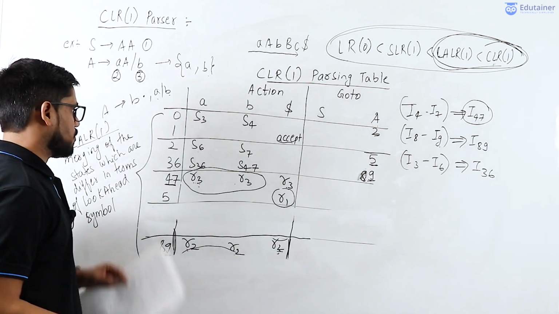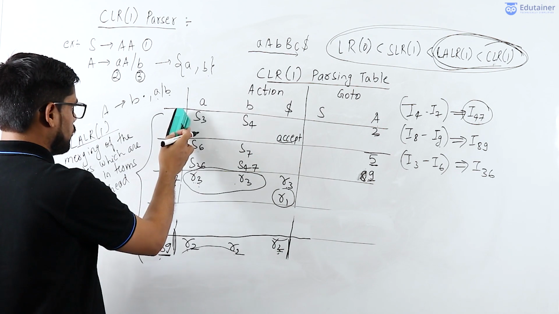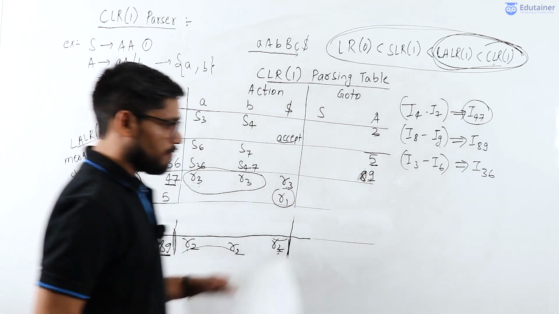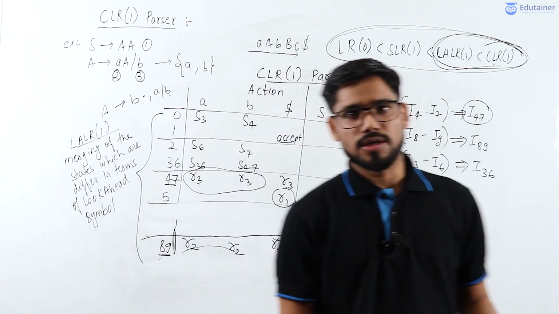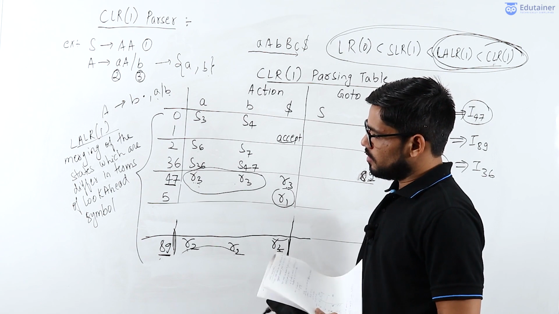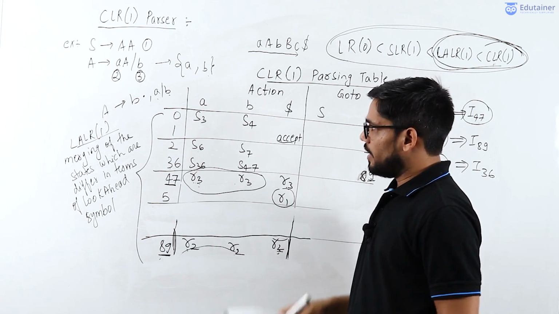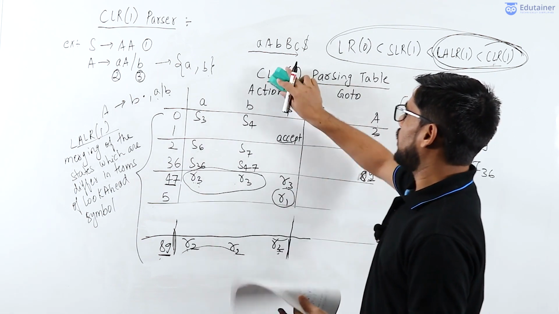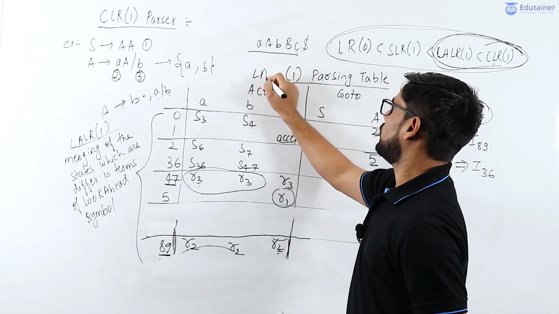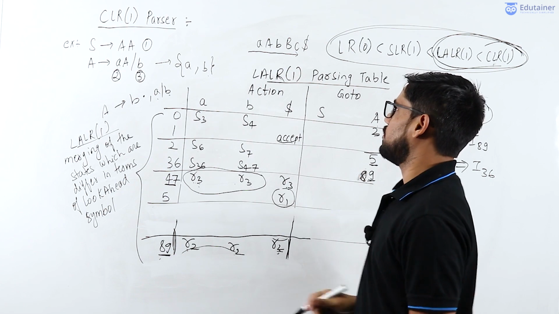Now how many states are present? There are total 1, 2, 3, 4, 5, 6, 7 states. So after merging these 3 states, 7 states are present now, and this is nothing but the LALR1 parsing table.